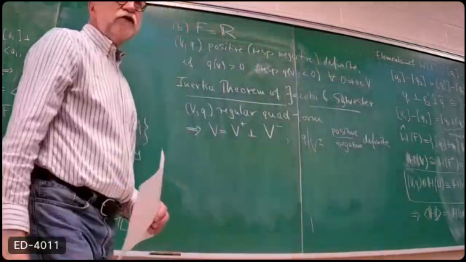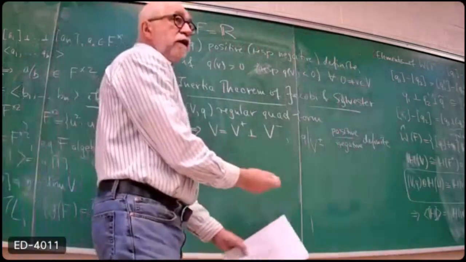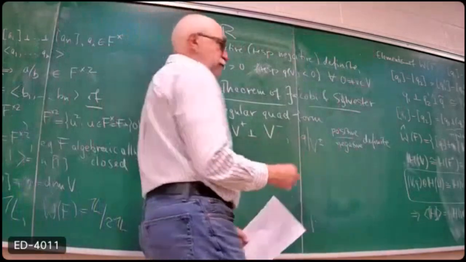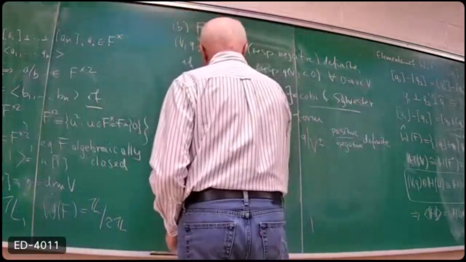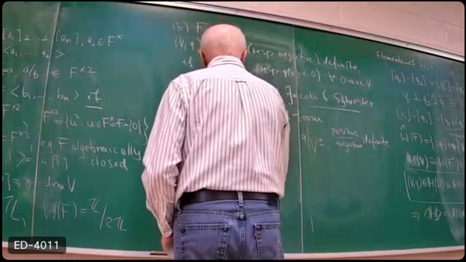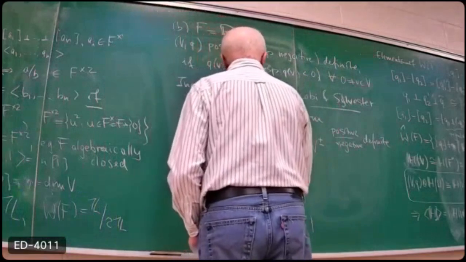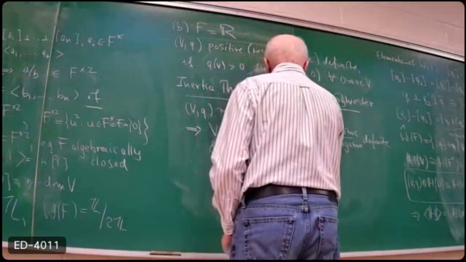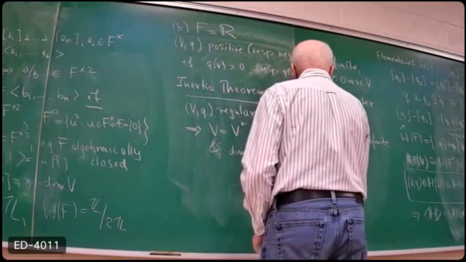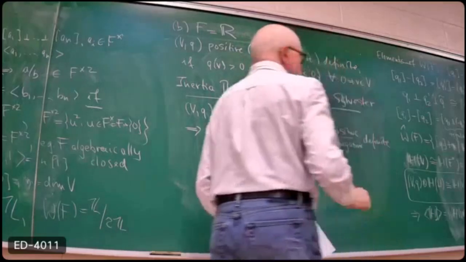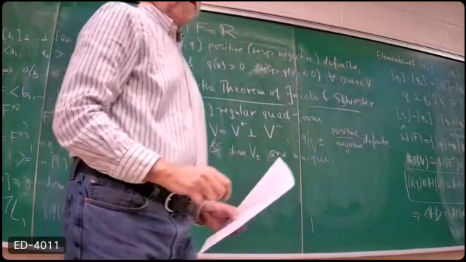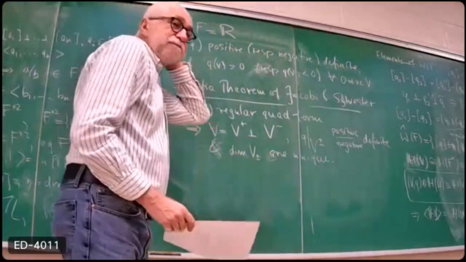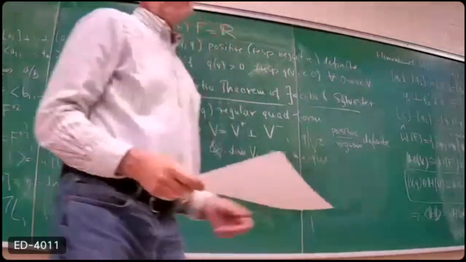And this decomposition, while not unique at the level of vector spaces, is unique at the level of dimension, the dimensions of V plus and V minus. So you may have even seen this in the course.